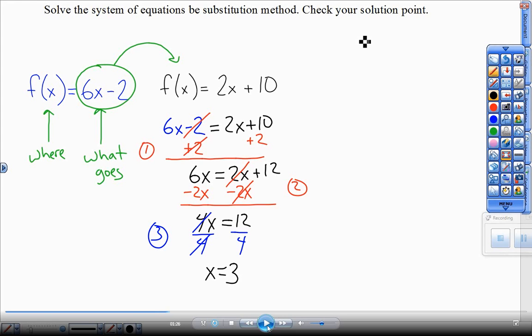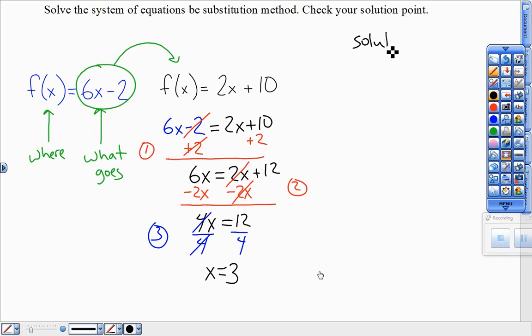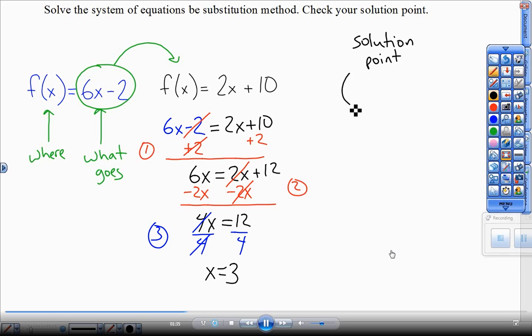Alright, so what I have here is half of my solution point. Remember, every point is x comma y, or now x comma f of x, which represents what y used to be, but it is still y, kind of. So I put my 3 right where my x is.